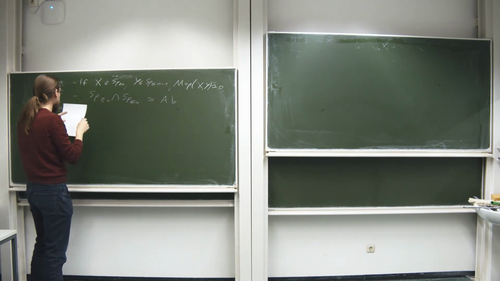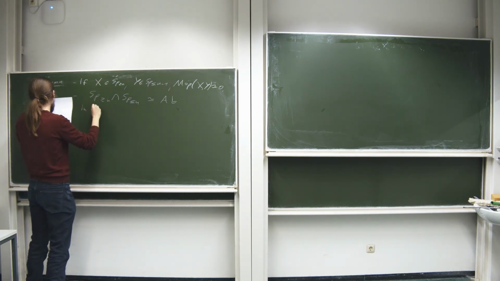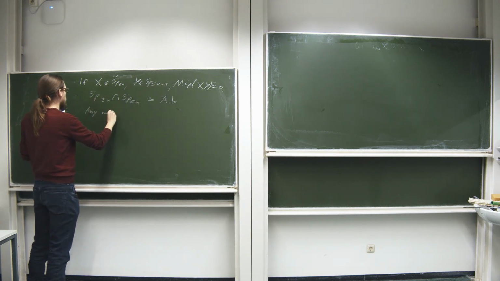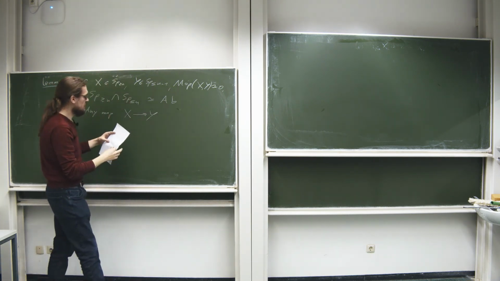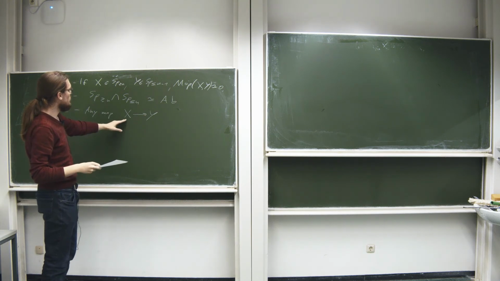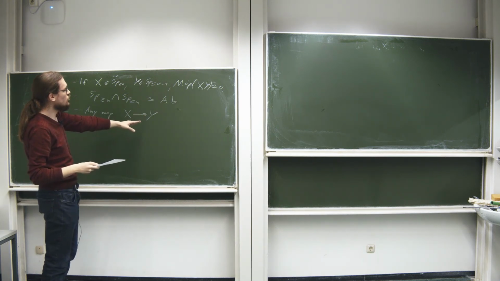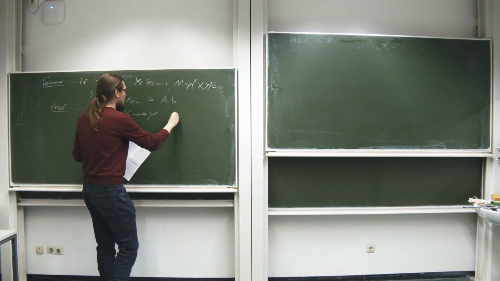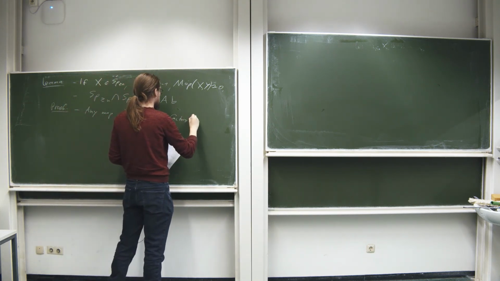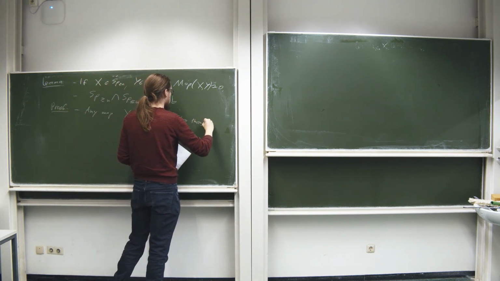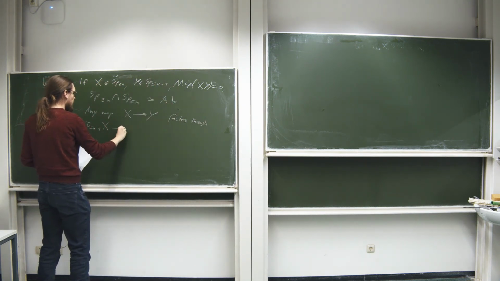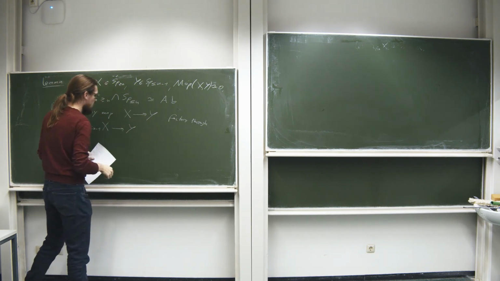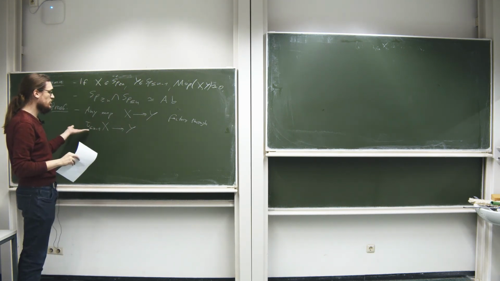Well, in the first case, or for the first statement, see that any map from x to y, since y is n-1 co-connective, any such map factors through tau smaller equal n-1 x to y. This is again using the fact that we have this adjunction.